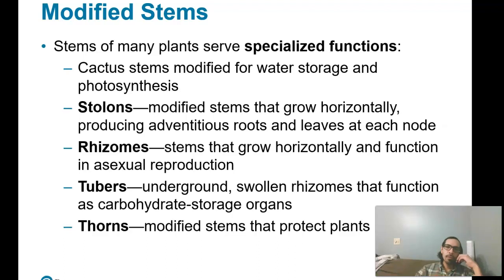You have rhizomes that grow horizontally and function in asexual reproduction. You have tubers that grow underground and they're pretty much swollen rhizomes that function in storing things like carbohydrates or starch. And then you also have the thorns, which are modified stems that serve for protection.